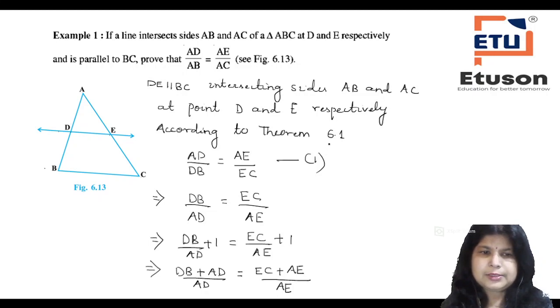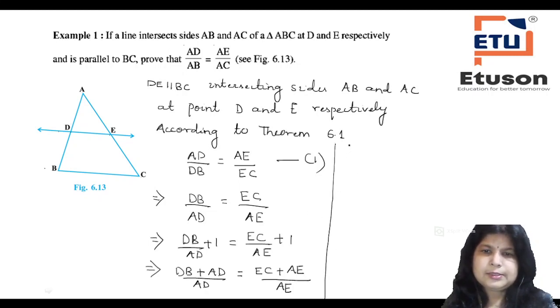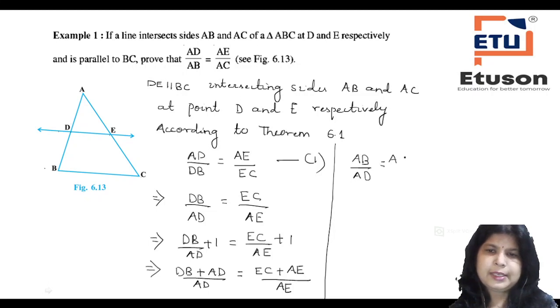So now the expression which you have got can be written as AB by AD is equal to AC by AE. Now just find out the inverse of it.